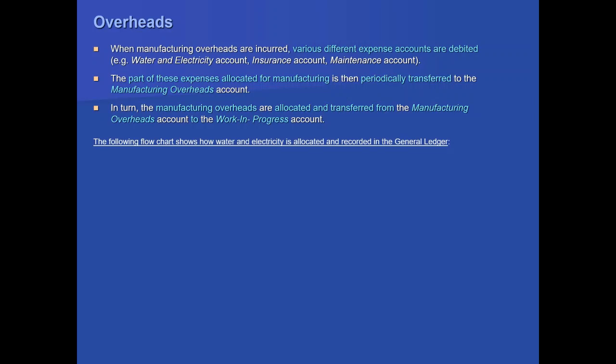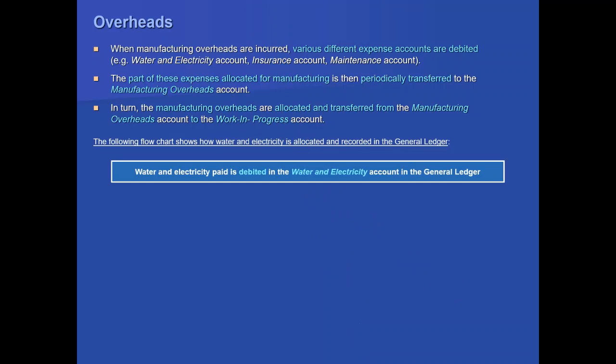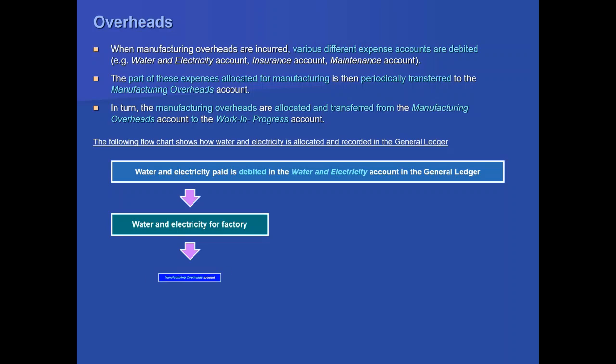The following flowchart shows how water and electricity is allocated and recorded in the general ledger. So water and electricity, as we said, is debited, it's an expense, so expense accounts increase on the debit side. So then the water and electricity portion for the factory will go to the manufacturing overheads account.